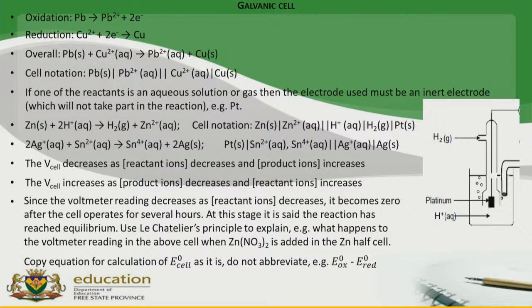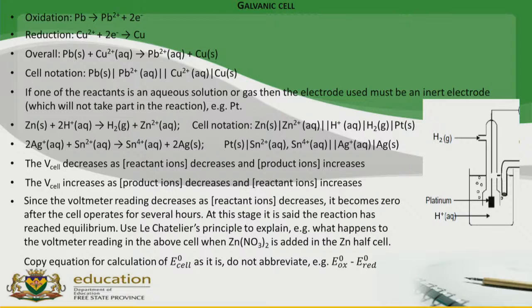Now, let us now continue. Another mistake that some of the learners make. Remember, when you're supposed to calculate the EMF of the cell, you are given the formula. For example, EMF of the cell equals E oxidizing agent minus E reducing agent. Instead of that, the learner will write E ox minus E red.